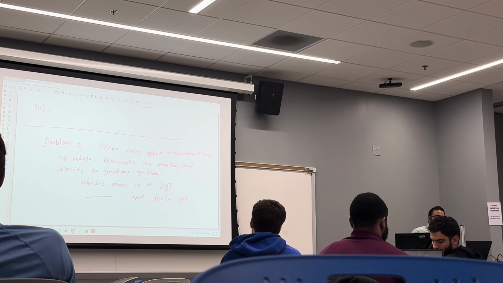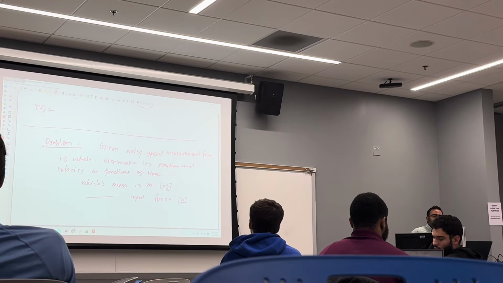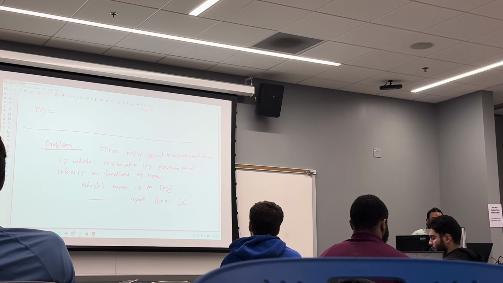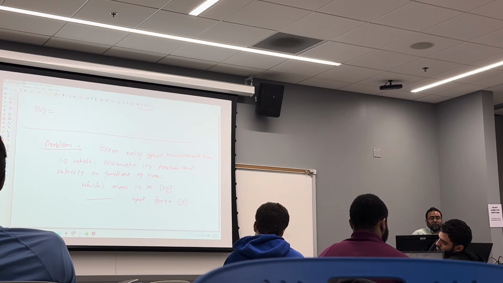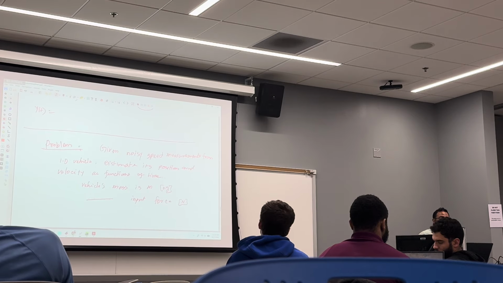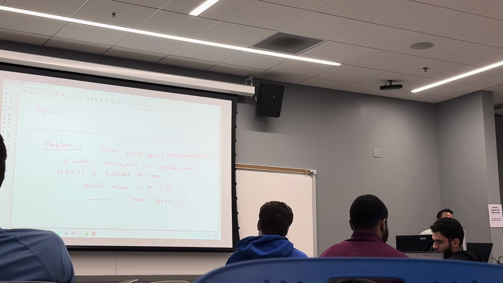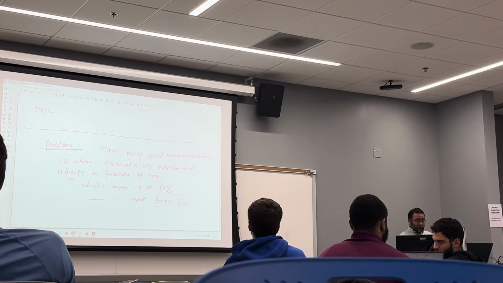And you know the vehicle's mass in kilograms, again the mass will have some noise as well. So all these parameters are noisy. Then the measurement that you get, which is the vehicle's velocity, is also noisy. Now, how do you estimate the vehicle's position and velocity? So that is the problem.